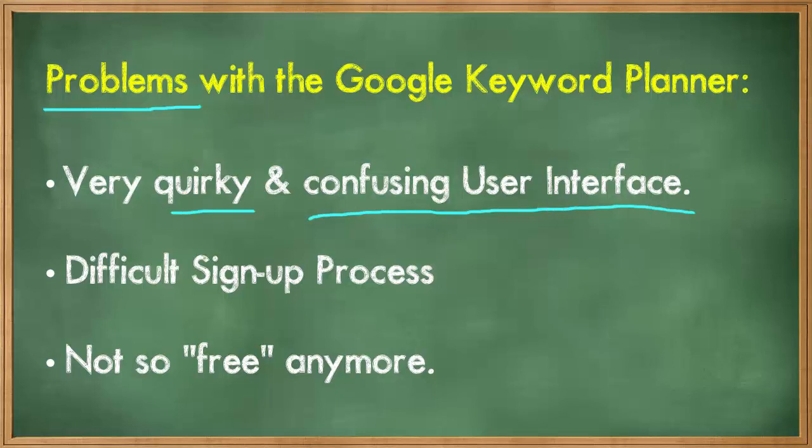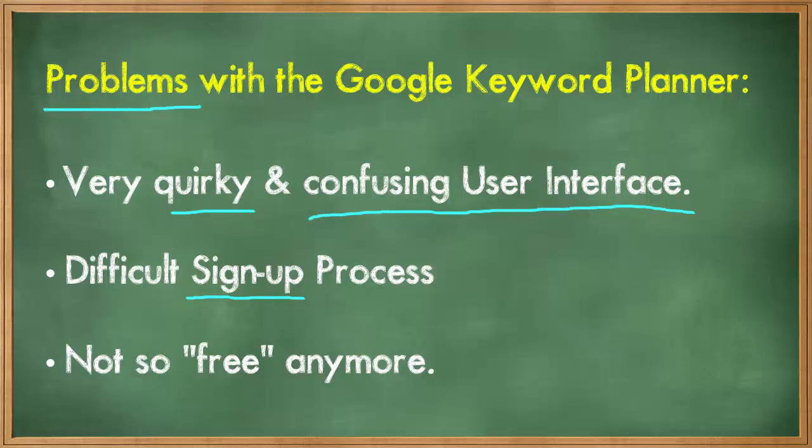It's very quirky, meaning when you're first getting started with the Google Keyword Planner, it's difficult to really understand how the buttons work, how the links work, and even signing up to use the free tool is actually surprisingly tricky, which is unfortunate because it's made by Google, supposedly the smartest guys on the planet, and they should really have a better user interface at this point, because this is an old tool and it's used by millions of people, and yet even to this day it's a little tricky to use, especially at first.